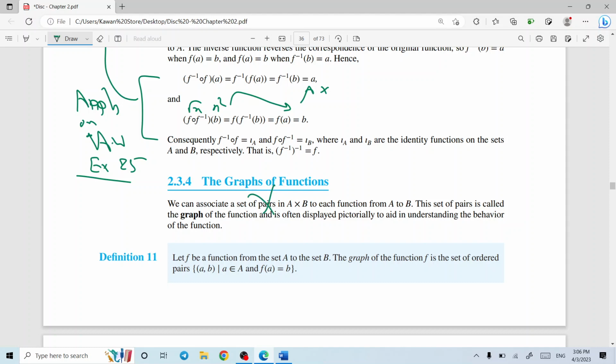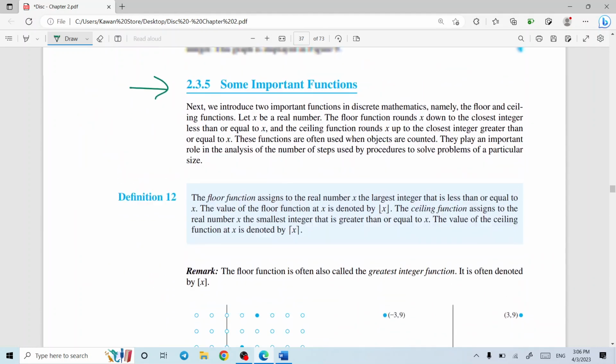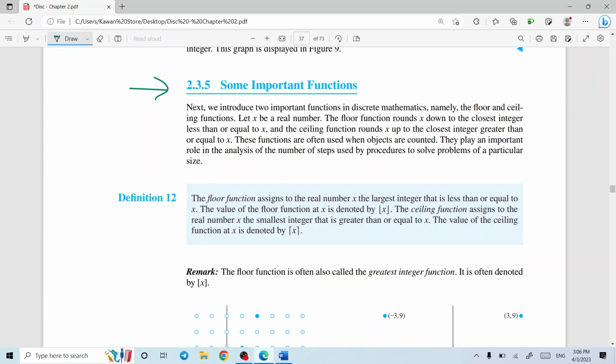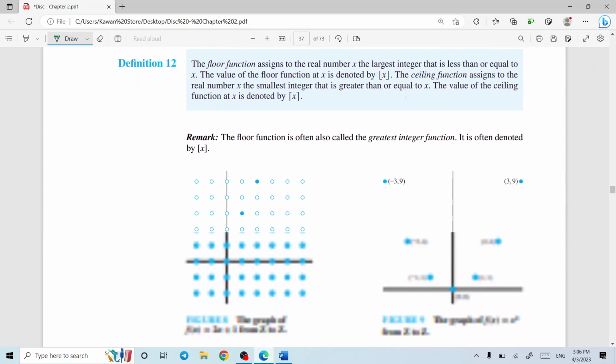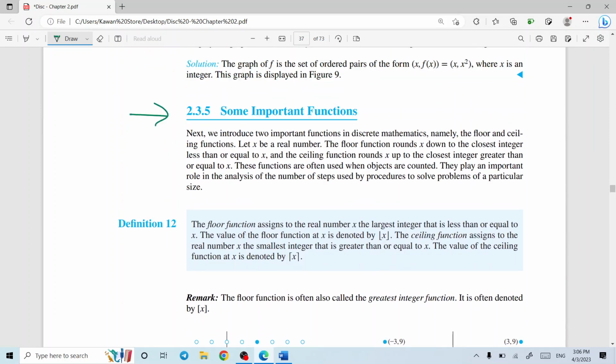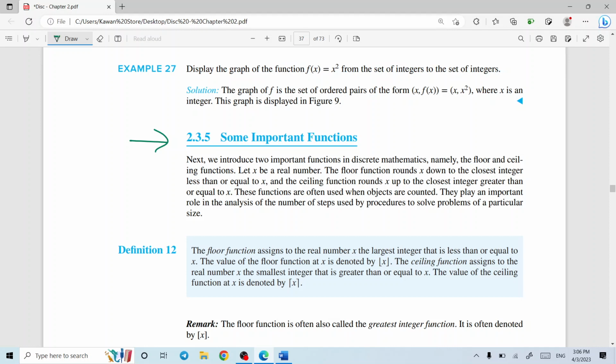Graph, we talked about graph before, it's not important here. But we have 2 important things for the computer students. Of course, you are going to use them during your programming. So now we have the floor function, and of course, the ceiling function.